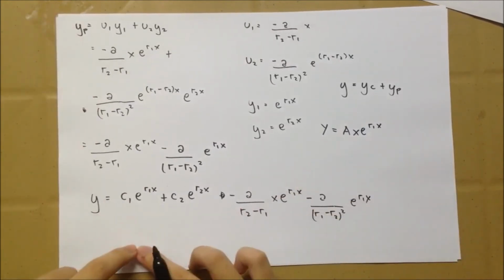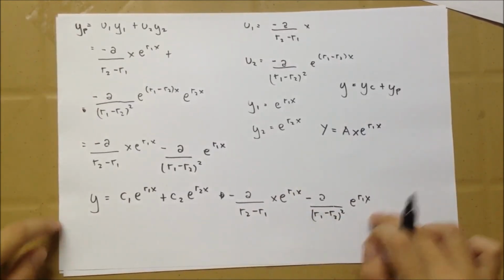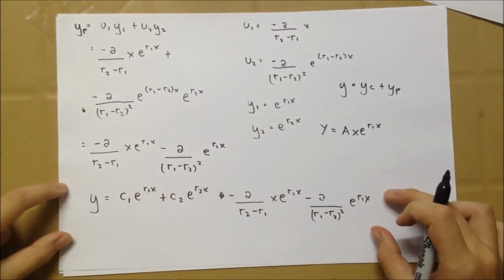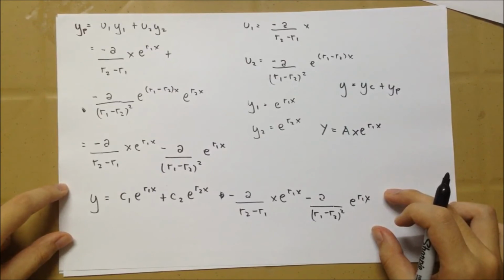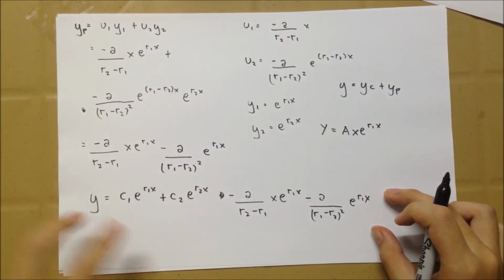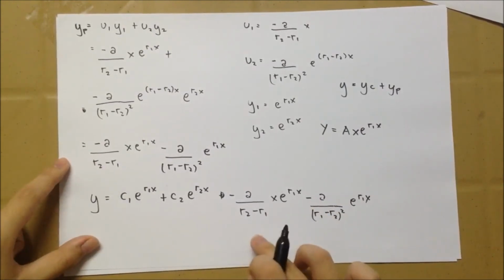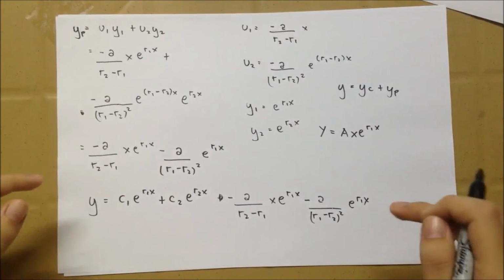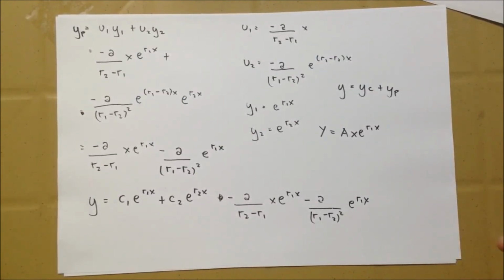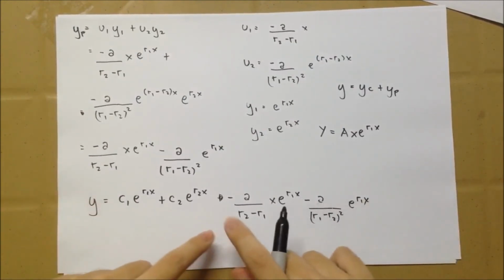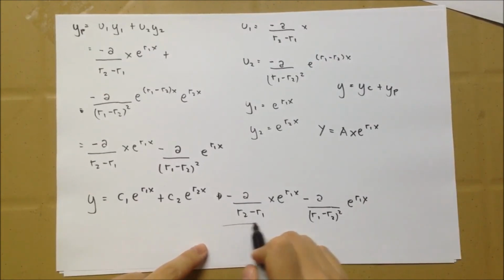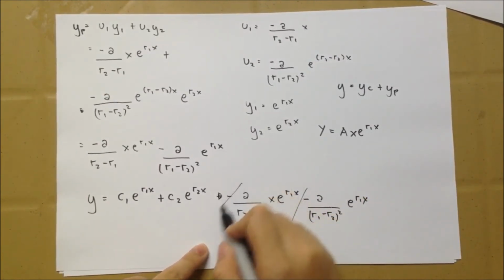So take note that this general solution is composed of independent solutions. When I say independent, or rather linearly independent solutions, they are just not a constant multiple of one another. So each one of these is a solution of our differential equation. Now I would like you to take a look particularly at this one.